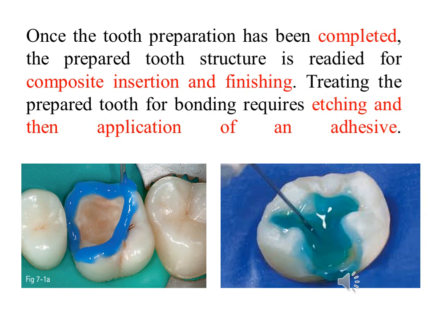Treating the prepared tooth for bonding requires etching and then application of an adhesive. As we said, we must put the acid etching, then we do bonding, then we add the restoration.